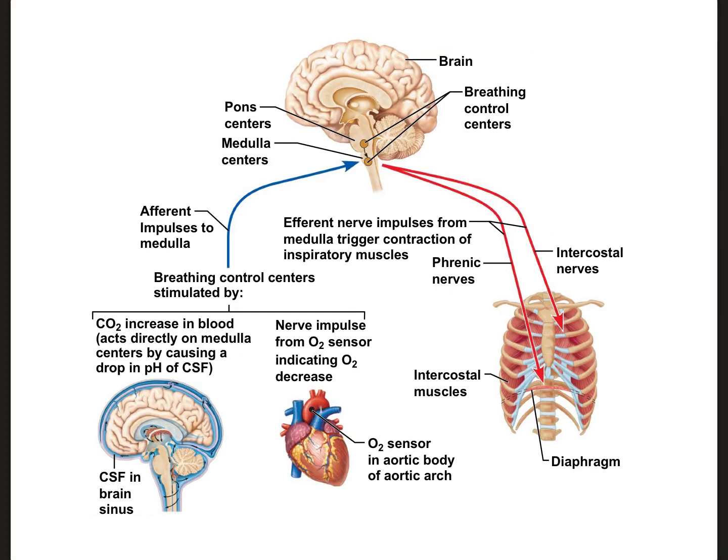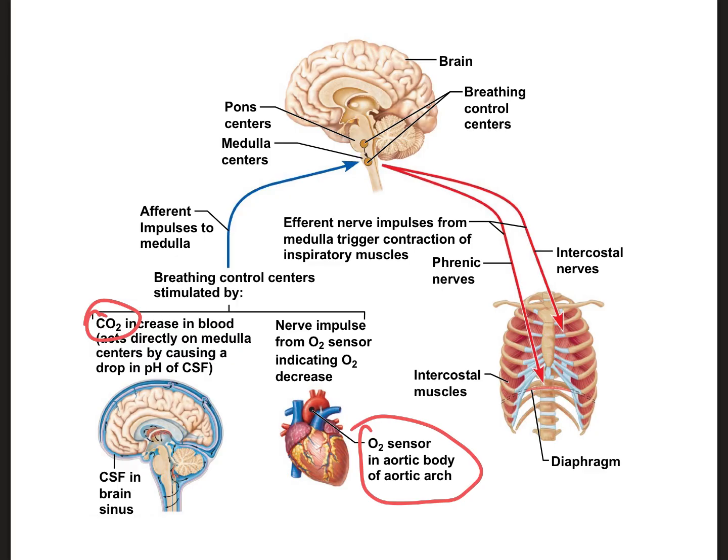Okay, so here is a basic schematic. What did I tell you? What's the role of the respiratory system? To bring in oxygen and get rid of carbon dioxide. So if you look at this picture, oxygen sensor and then carbon dioxide sensor.